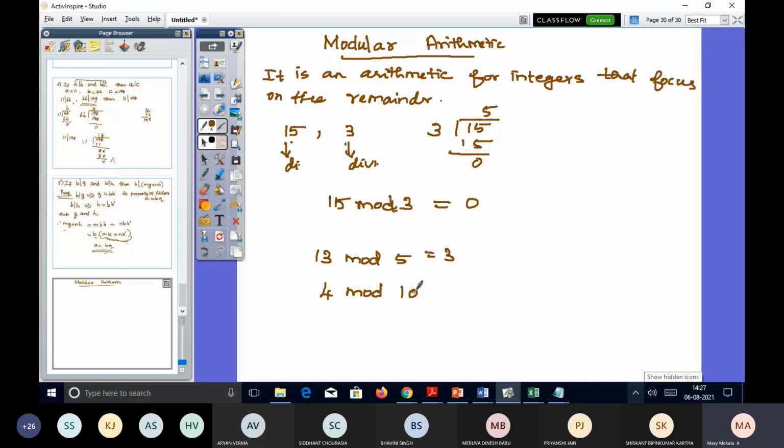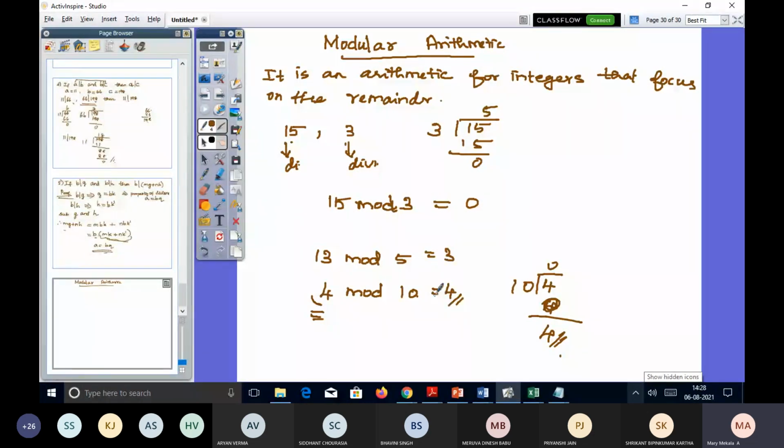Whenever you get a number that is less than the divisor, you will be getting the same number. 10 goes into 4 zero times, so you are getting the remainder as 4. So whenever you get a lesser number in the dividend place, you get the remainder as the same number. That you should know.